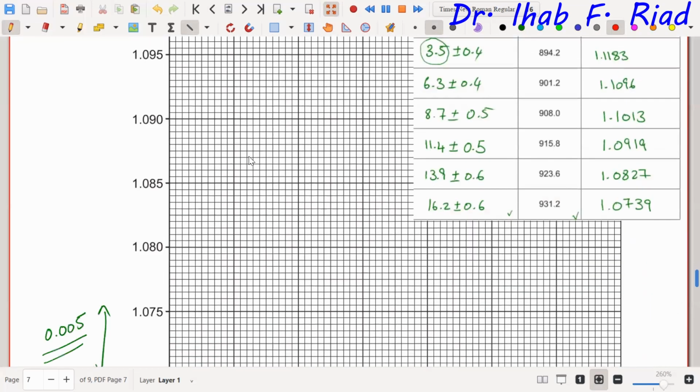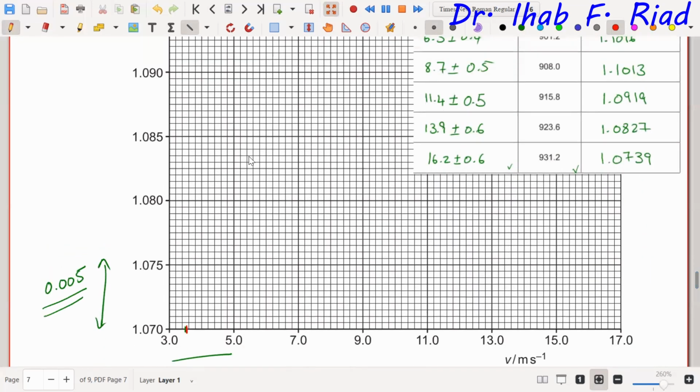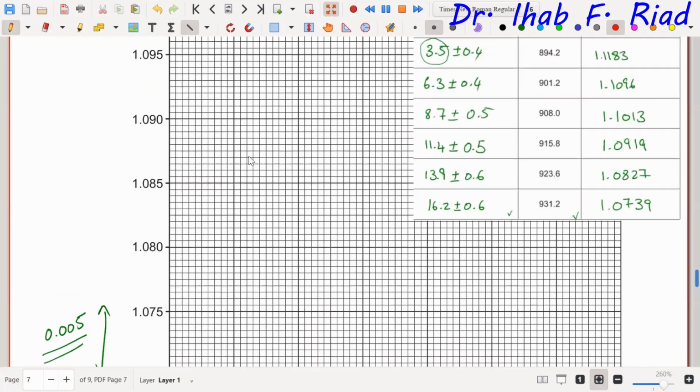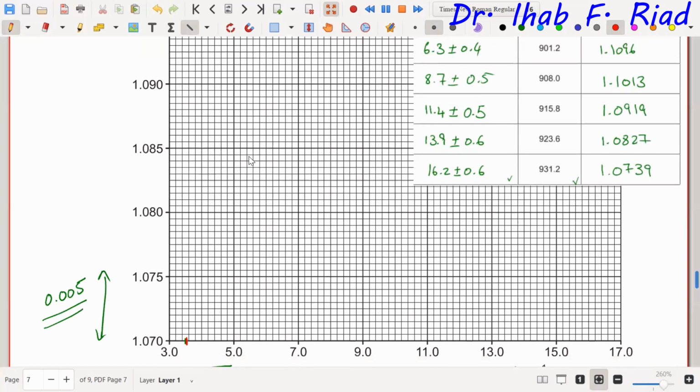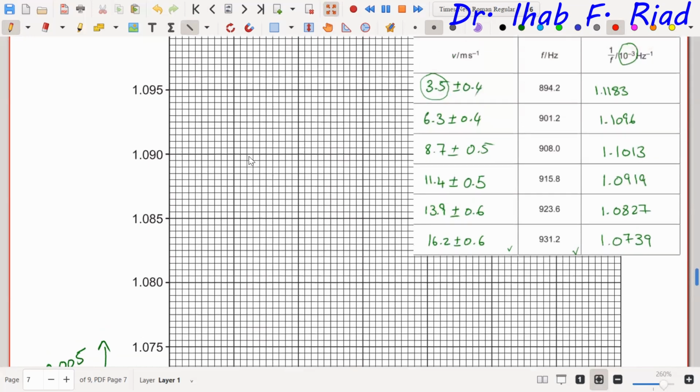Next is 6.3. It is 6.5 steps from 5. Sorry, 6.2, 6.3, a little bit away. And where is 1.1096?